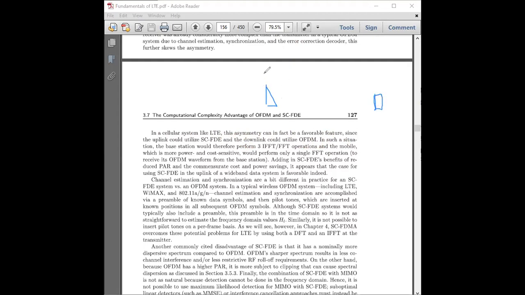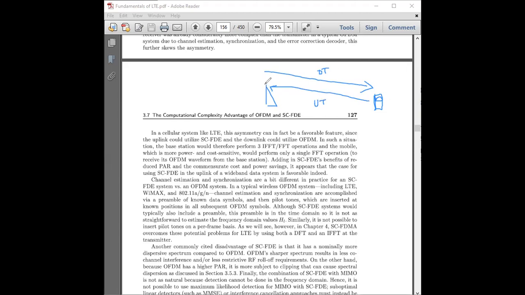There are two things: there is a transmission from the tower to the mobile, and this is reception at the mobile. This one is called downlink transmission, and this is uplink transmission.